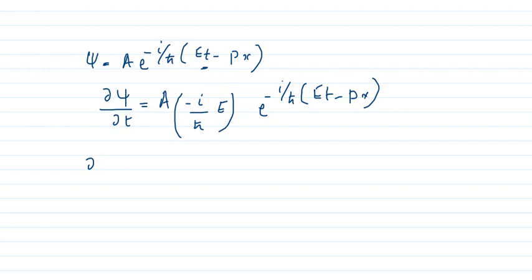Now differentiating with respect to x, dou psi by dou x is again the constant A into the coefficient of x, that is minus i by h cut into minus p.